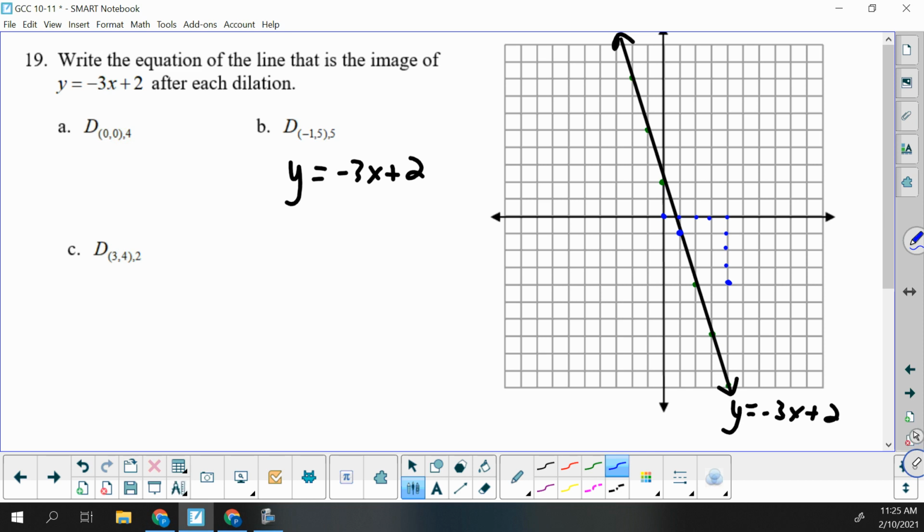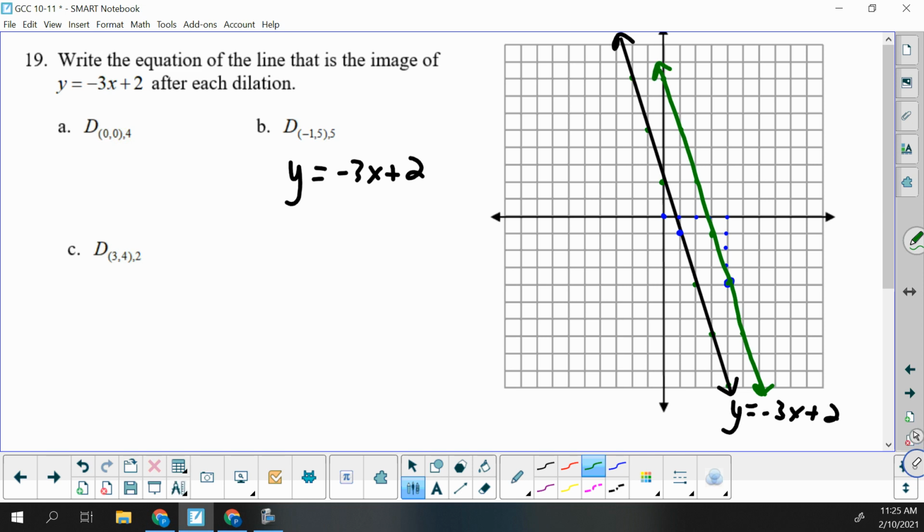And now, because we know it goes through this point, and because we know it creates a parallel line, the slope would be the same. So just go down 3 and right 1 as many times as you can, and then do the reverse. So this is going to be our new line.